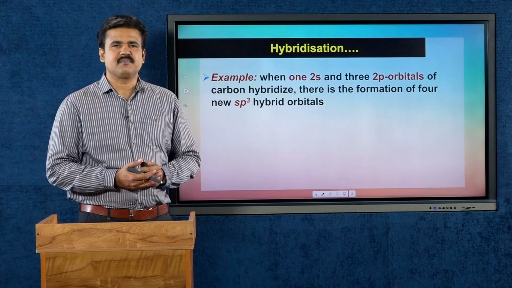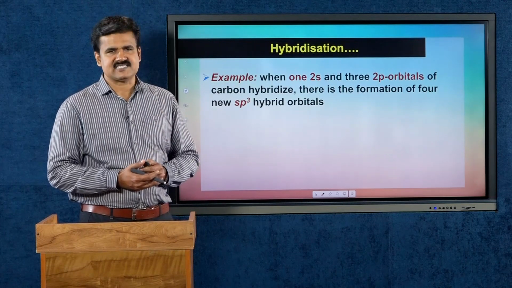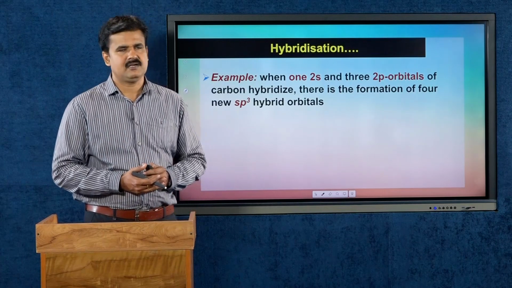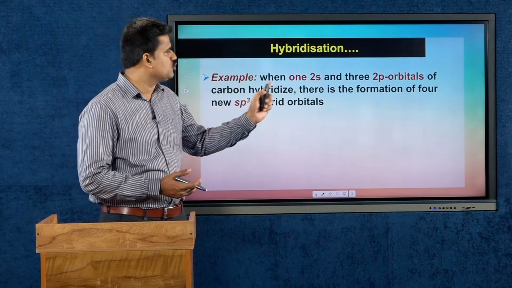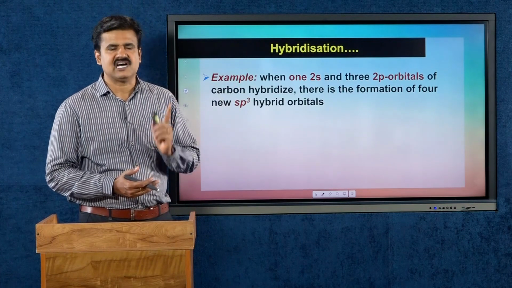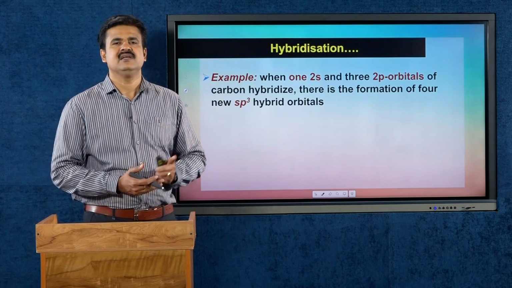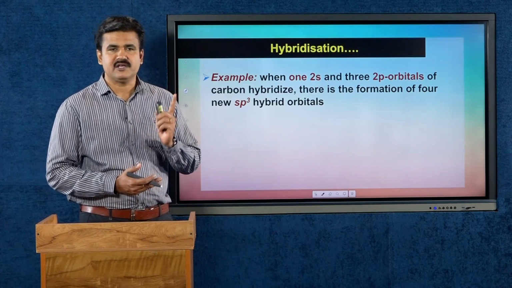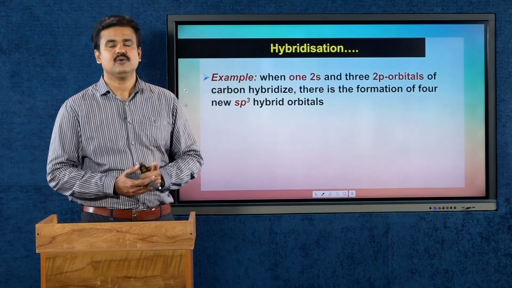We can exemplify the concept of hybridization by taking sp3 hybridization as an example. When one 2s and three 2p orbitals of carbon hybridize, there occurs the formation of four new sp3 hybrid orbitals.